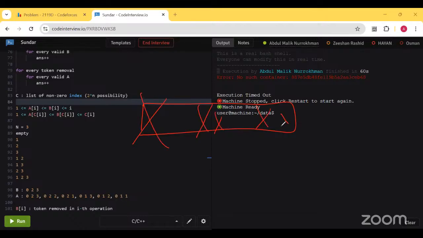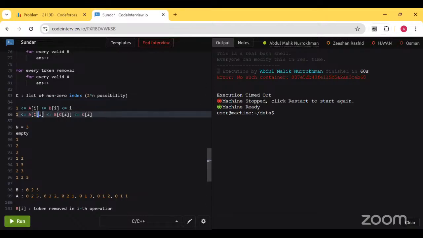We can just remove the 0 values. We can ignore the 0 values and we just think about the values like this. Okay, so this formula will be easier, right?